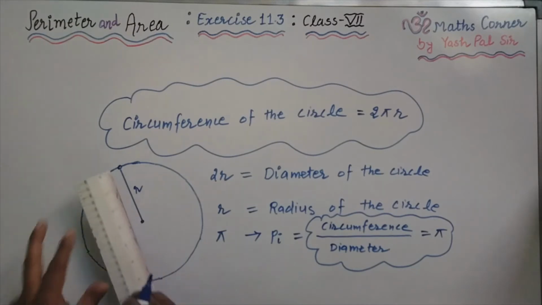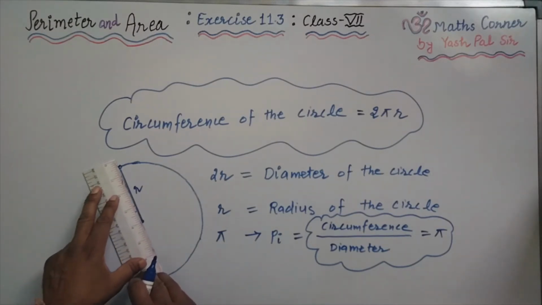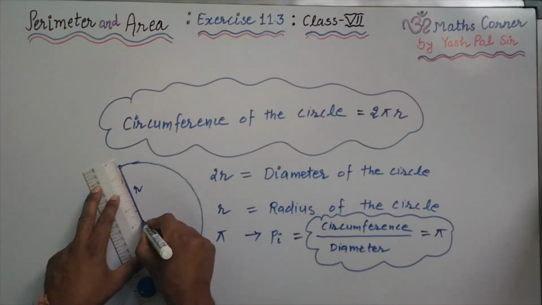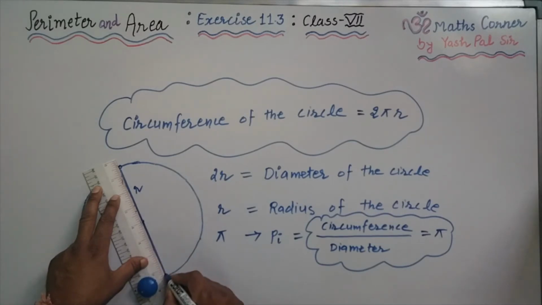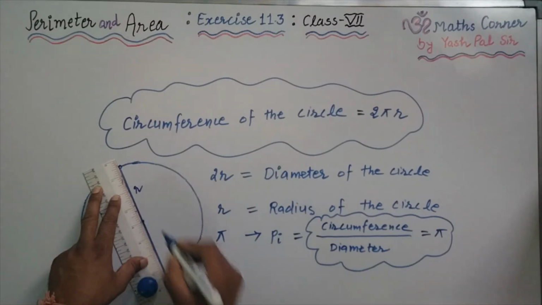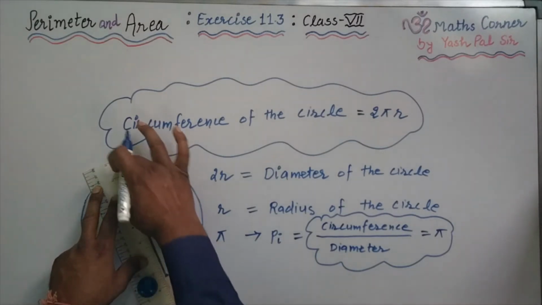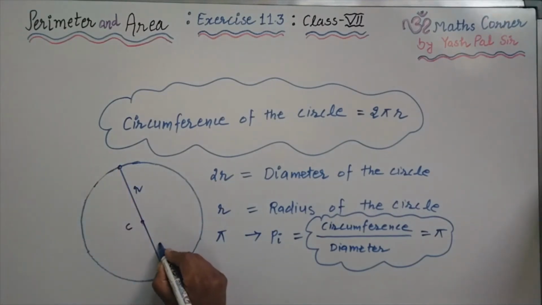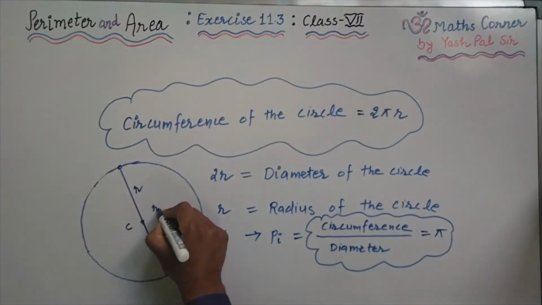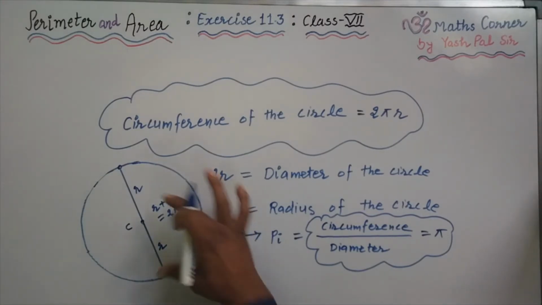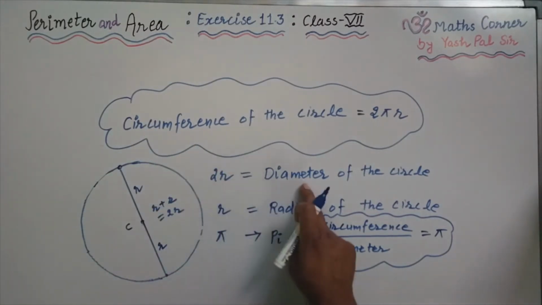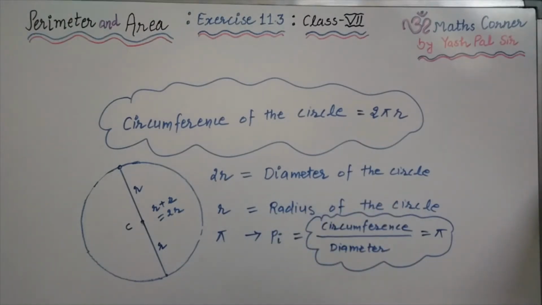Now if we extend this distance to the other side on the circumference of the circle, through the center, this is again r, that is r plus r is equal to 2r. This whole distance is called diameter of the circle.